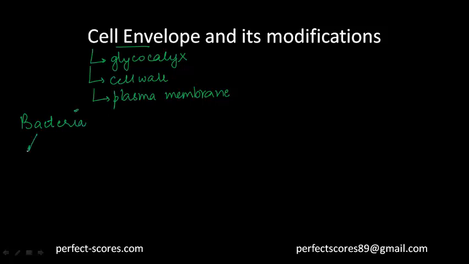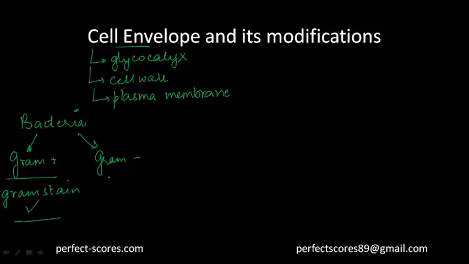One is Gram positive, one is Gram negative. Now, Gram positive are the ones that take up the Gram stain whenever the Gram test is applied on them. Gram negative ones are those that do not take up the Gram stain when the Gram test is applied.